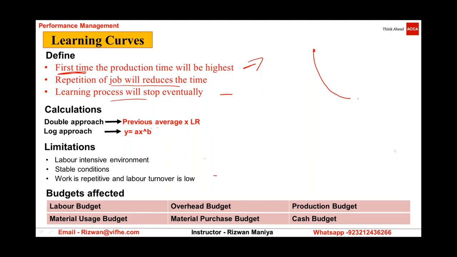The time for the first unit is the highest, and for example, after 20 units, the time becomes constant, and you can see that after that, the time will be the same.